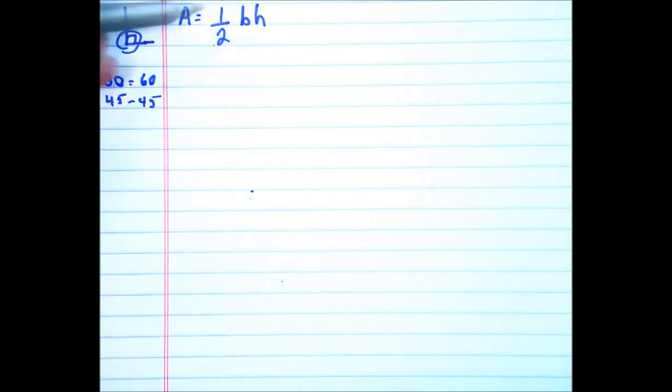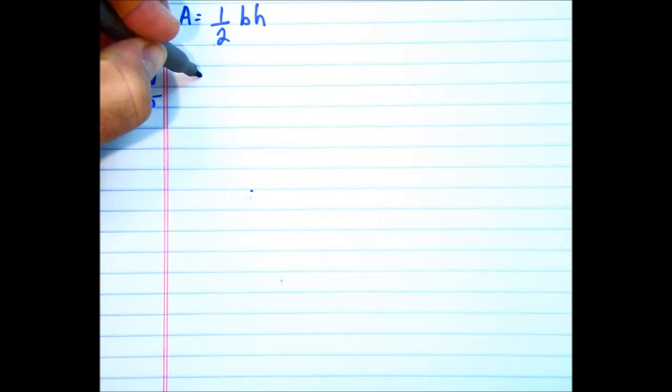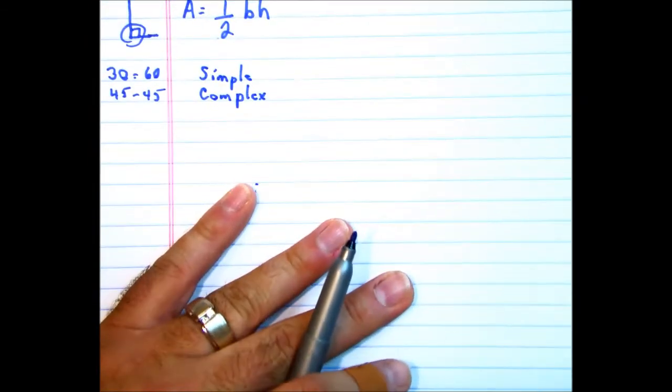The culmination of this, meaning when we put these two formulas together, is when we start going from simple pictures to complex. Hopefully you remember the difference between a simple picture and a complex picture.